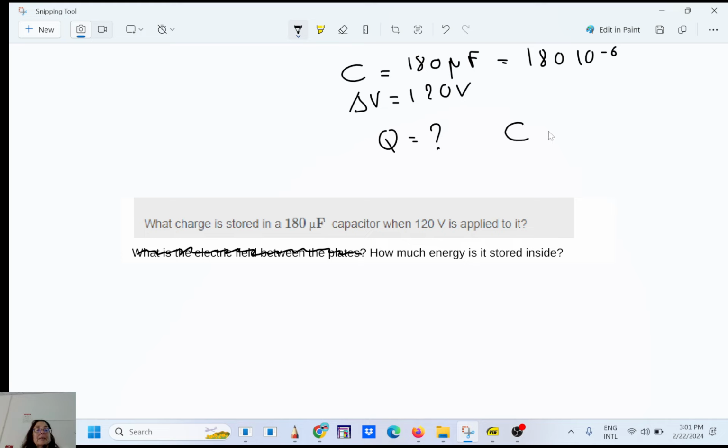Okay, capacitance, or Q is CV, right? So Q equals C, 180 times 10 to the negative 6, times 120. So what do you get?